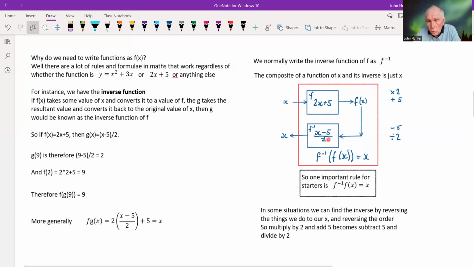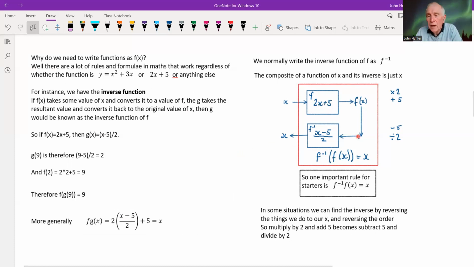So this process is taking the inverse function of something that's come out of f. We would denote that as f minus 1 of f of x, and that's going to be equal to x. So this is actually the other way around to this, isn't it? We just illustrated it the other way around.